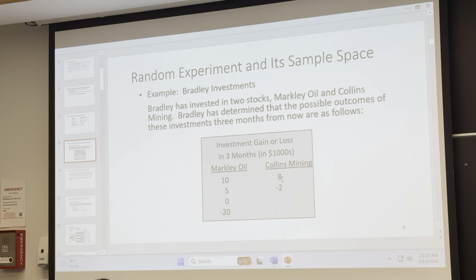Or make 8,000 or lose 2,000. You are investing in both. The outcomes are independent over here. This has nothing to do with this. Now, when I'm investing in both of them, how many possible outcomes can I have?